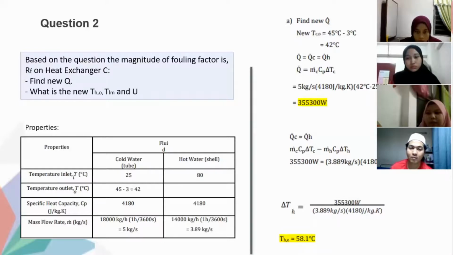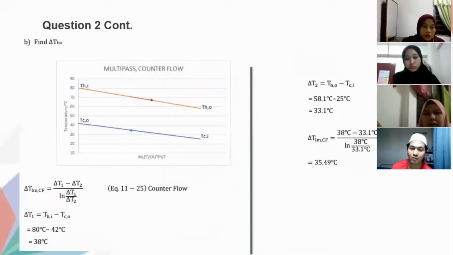So after we know the delta T hot, we can find the hot outlet temperature, which is 80 minus 21.9, and we get 58.1 degrees C. So next, we need to find delta T LM, and this is the plot for the multi-pass counter flow.